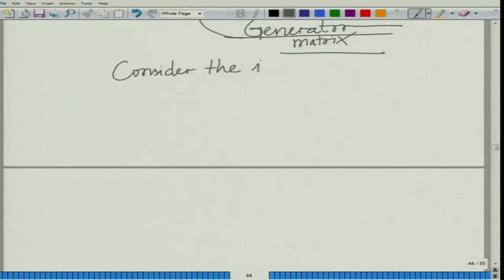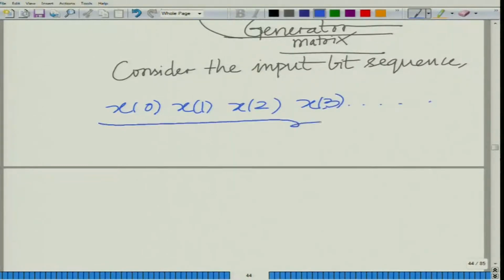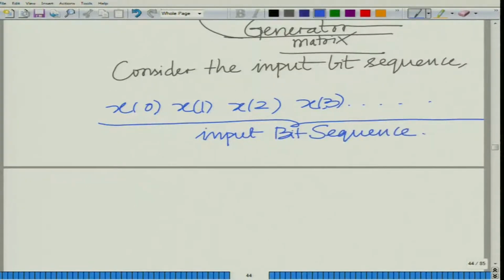Remember, to get the coded bit sequence, we have to start with the input bit sequence, which let us say is x0, x1, x2. Okay, this is your input bit sequence. Now, let us write this input bit sequence as a row vector.